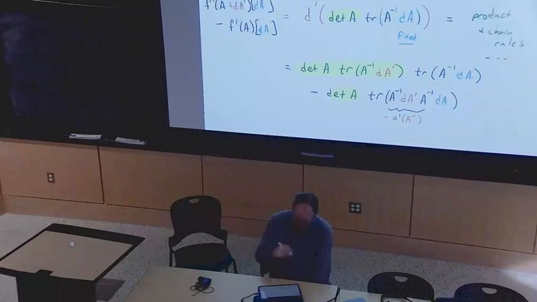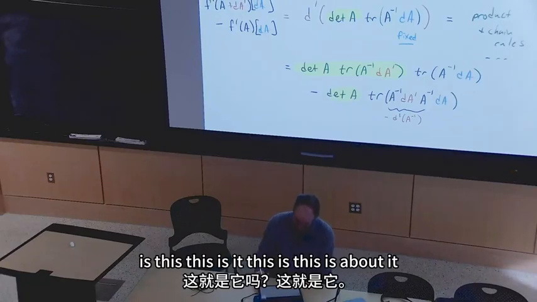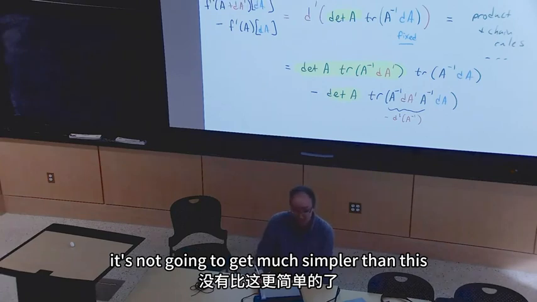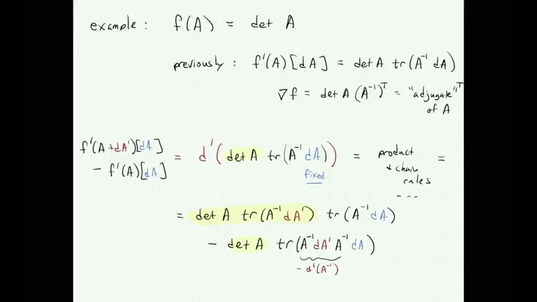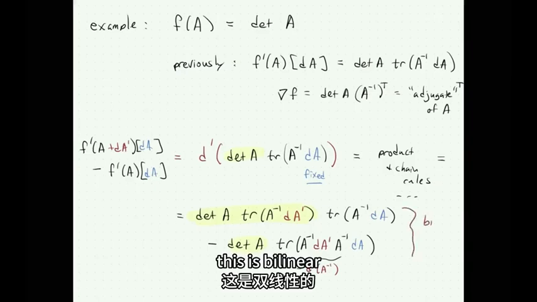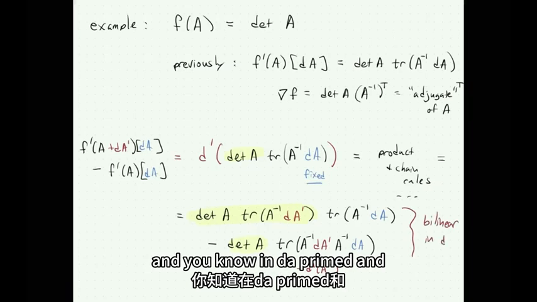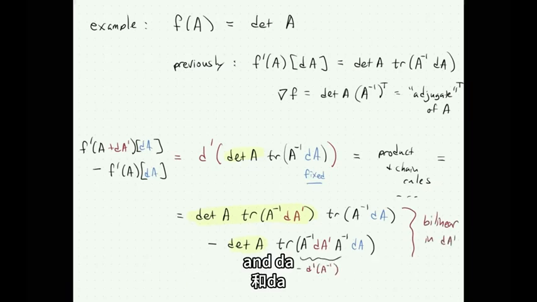And now the question is, this is it. It's not going to get much simpler than this. This is our bilinear form. This is bilinear in dA primed and dA, right?